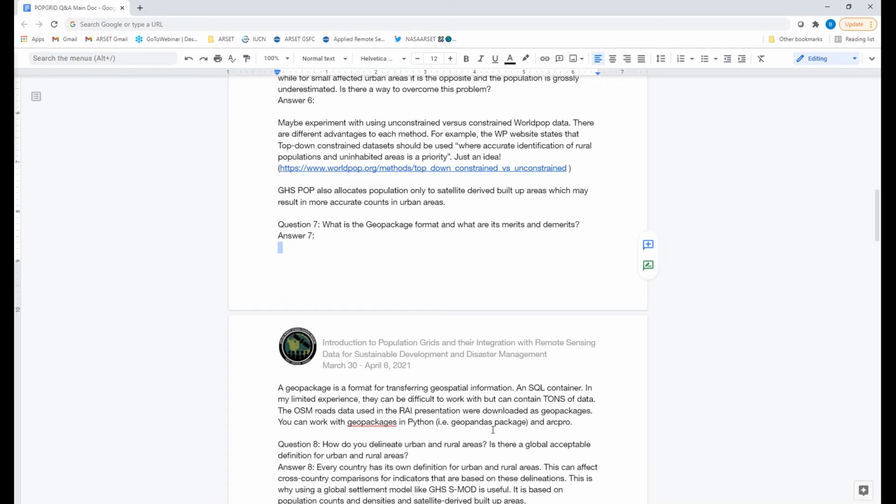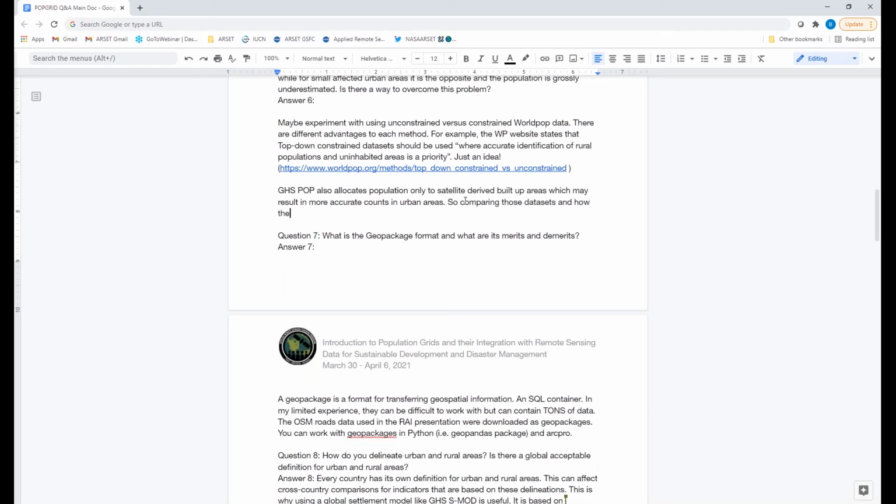And so, both of these may have different results for how much population is being allocated to urban areas. GHS POP also allocates population only to satellite-derived built-up areas, which may result in more population in those urban areas. So just comparing those different data sets and how they're representing the area that is of interest would be the main suggestion here.